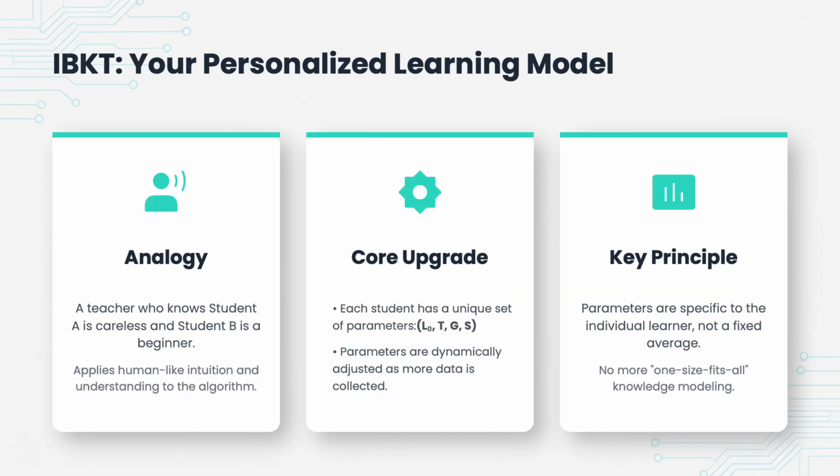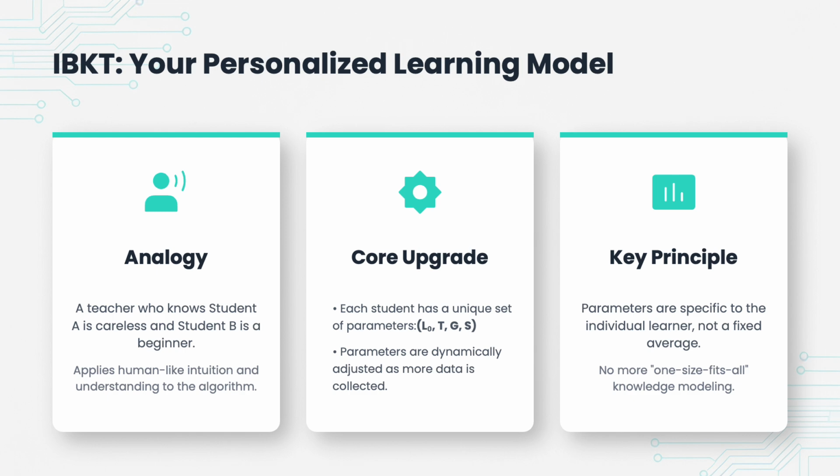Our final extension is IBKT, or Individualized BKT. This one tackles the one-size-fits-all problem. Basic BKT uses the same parameters for every student, but we all know students are different. IBKT solves this by giving each student their own personalized set of parameters.